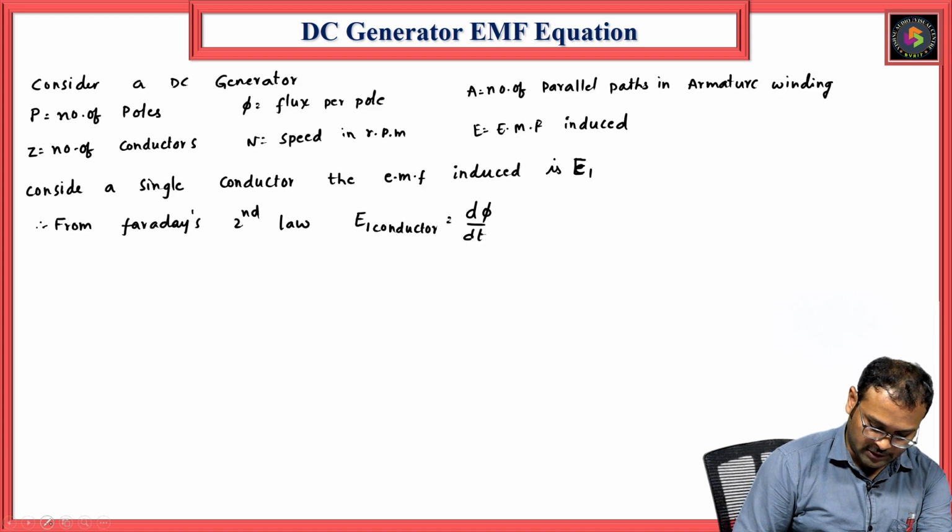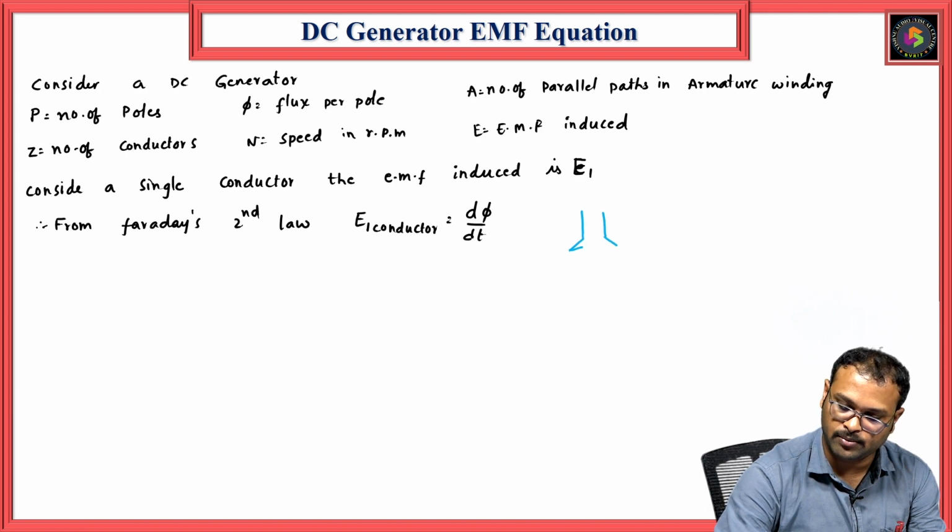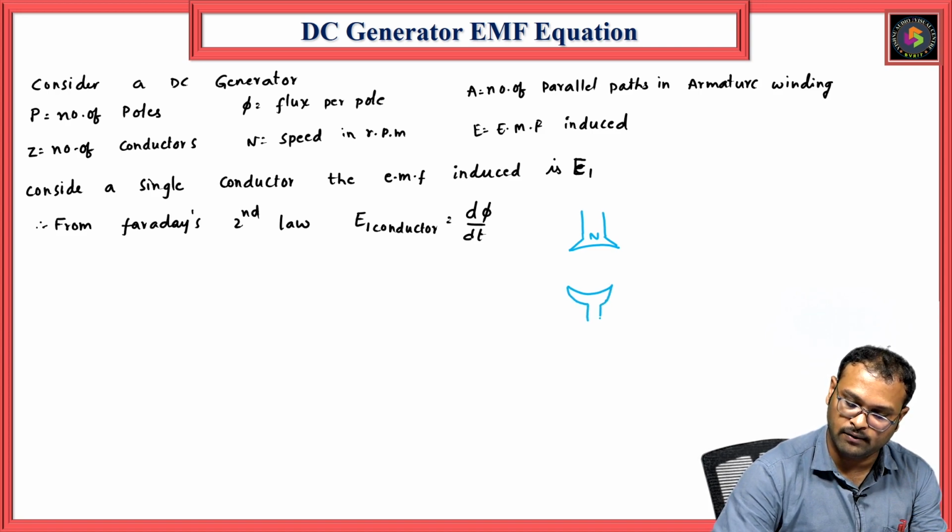For understanding purposes, we take a diagram of a two pole machine. This is the north pole, and the other is the south pole. Flux is coming from north to south.